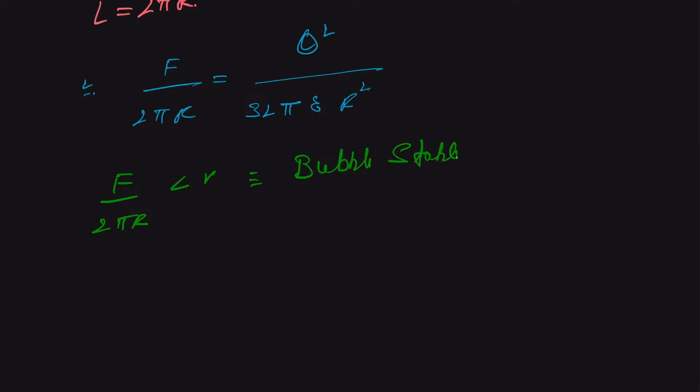Suppose this is the bubble and we have a pressure from the inside, which is our electrostatic pressure, and surface tension is going to balance it. So if the surface tension has a larger value, the bubble will be stable.